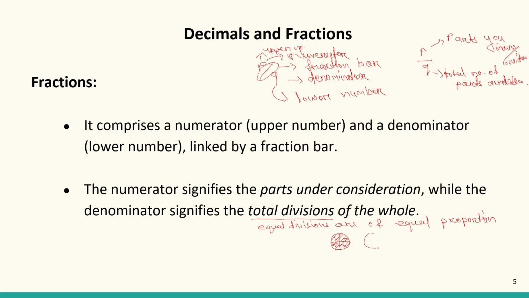I haven't divided it like this, and then this. It isn't divided unequally. Total divisions signify that all the divisions are equal divisions, that they have equal proportions.